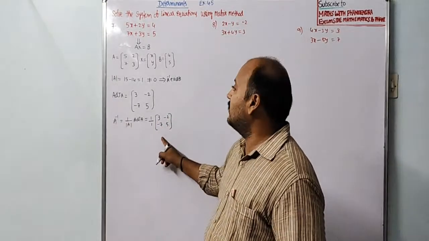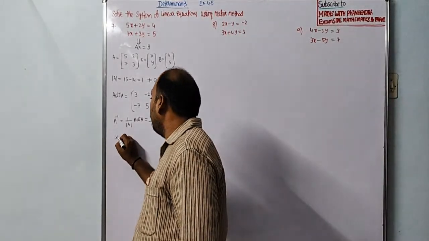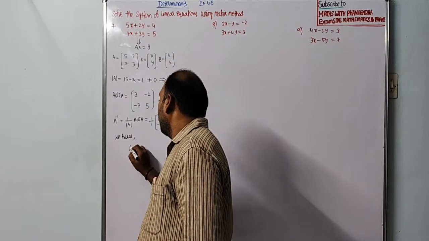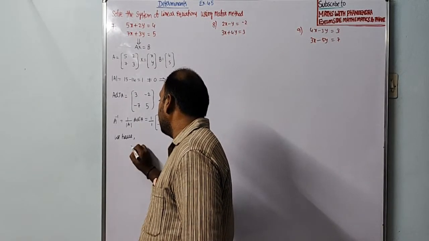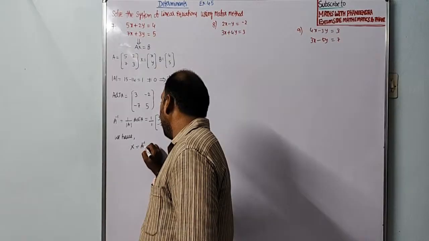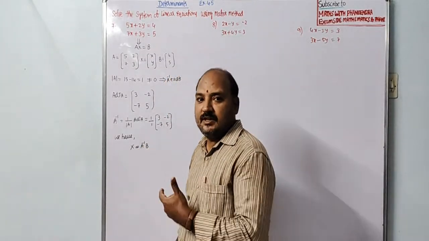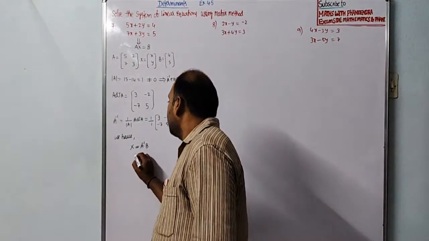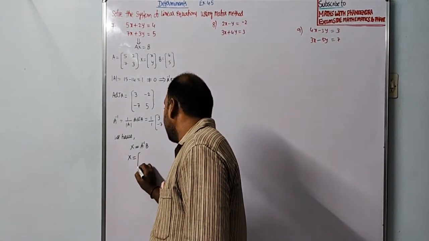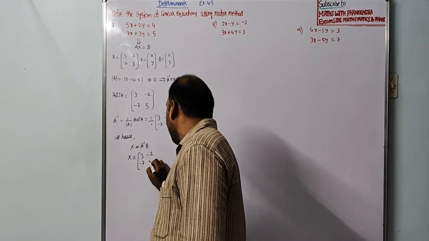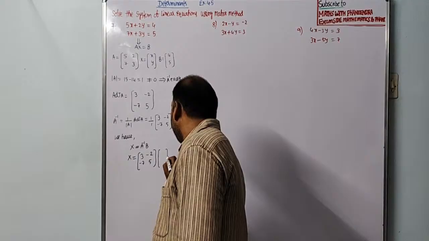After finding A inverse, we have x is equal to A inverse B. I already said in the beginning of this video the consistent and inconsistent concept. So x is equal to A inverse, this value only, 3 minus 2 minus 7 5, times B value.